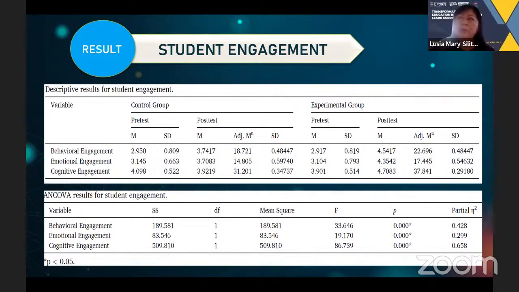The experiment group is more significant than the control group, with a better result. And if you look, the highest result here is cognitive engagement, and then emotional, and then behavioral. So this game creates the most in cognitive engagement.